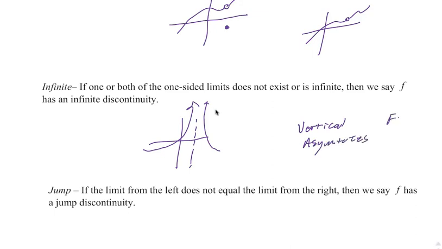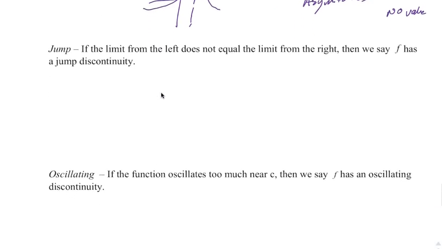This also fails criteria 1. Right, there's no value. The limit actually exists in this graph, but there's no value at our point. So if one side or both side limits does not exist or is infinite, then we say it has an infinite discontinuity.